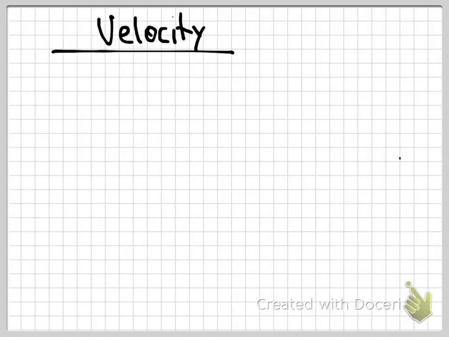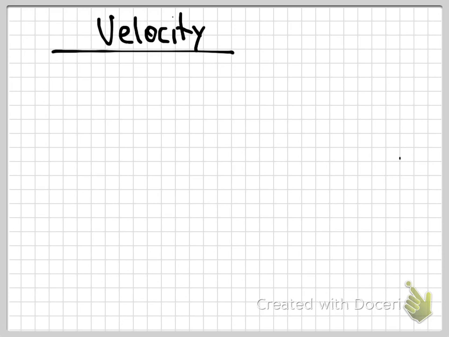Okay, so for the second half of chapter 6.1, we are going to cover projectile motion, but first we have to re-talk about velocity. So some of these things you have discussed in your notes. I'm going to go over them in more detail here, go over some example problems.